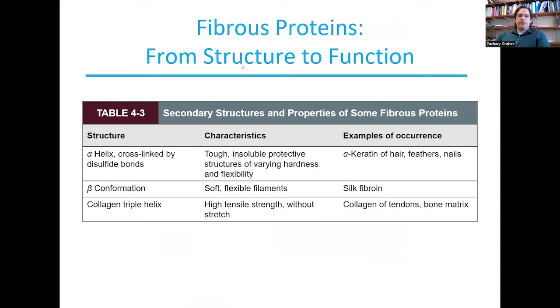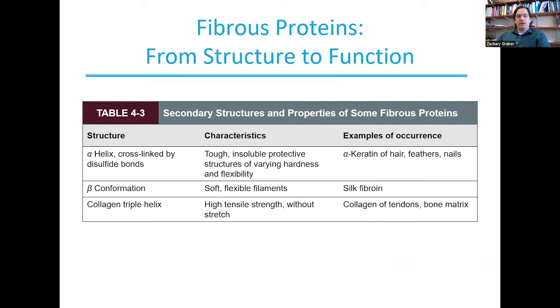Let's take a look at our fibrous proteins first. Now, one of the key things that we see for all proteins is that our structure relates very closely to the function of our protein, right? So we form some kind of 3D structure, and then we're going to use that specific structure to help us carry out some specific function.